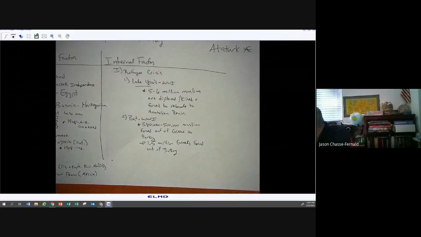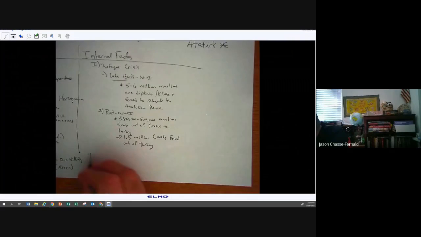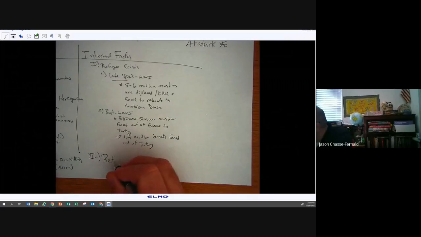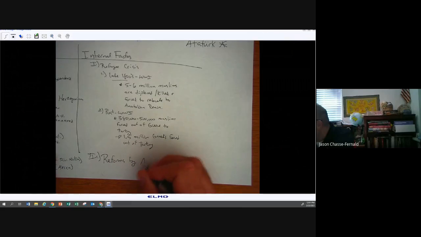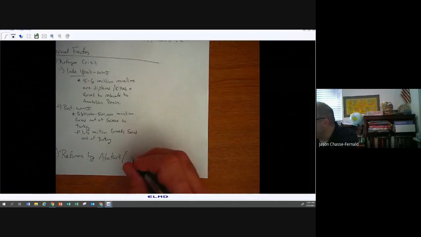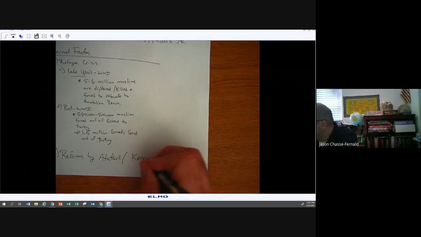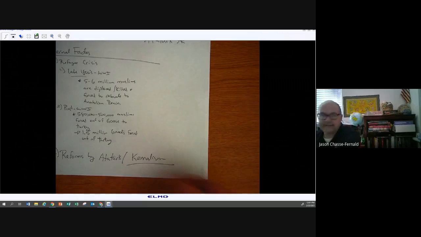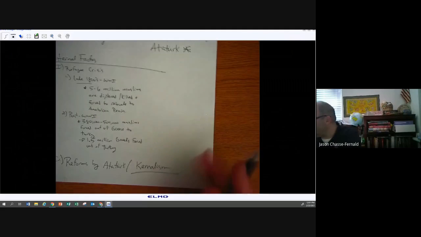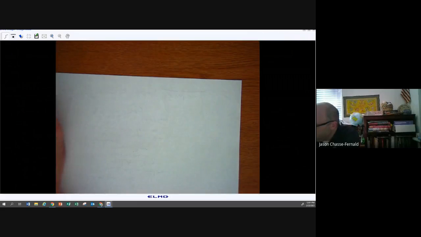All right, so I'm just going to put here number 2, reforms by Ataturk, and sometimes I think Strayer refers to this as Kemalism. You'll see it all kinds of different ways. So I'm going to flip this over and repeat that. Number 2, these are the reforms.